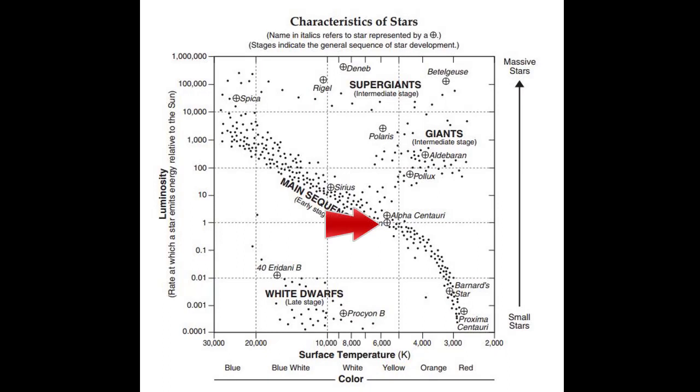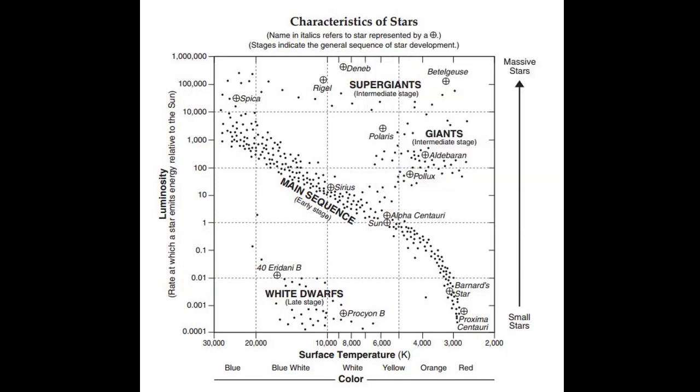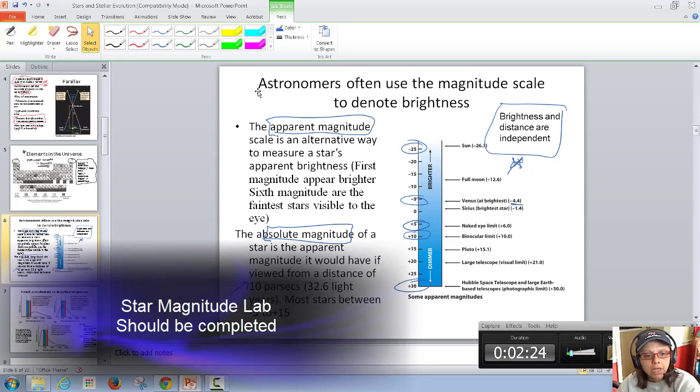So the sun is right here. If I go down, I see that it's a yellow star. Its spectral class is G, which we'll go through, and then it gives you the temperature right here. So understand that questions on your next test will probably coincide with this reference table. So I just wanted to go over that.